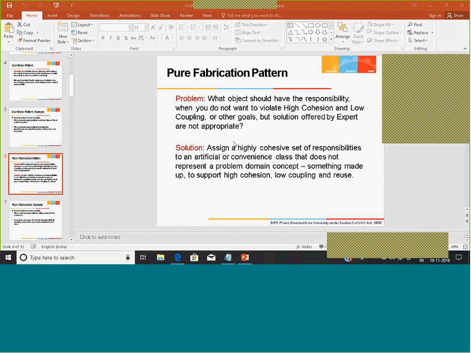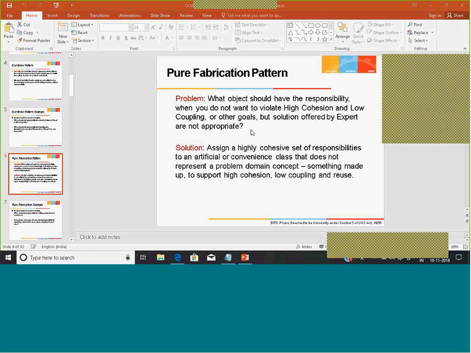This is another GRASP pattern. The pure fabrication pattern tries to address the problem of which object has the responsibility when you do not want to violate high cohesion, low coupling, and other goals, but the solution offered by the information expert is not appropriate.